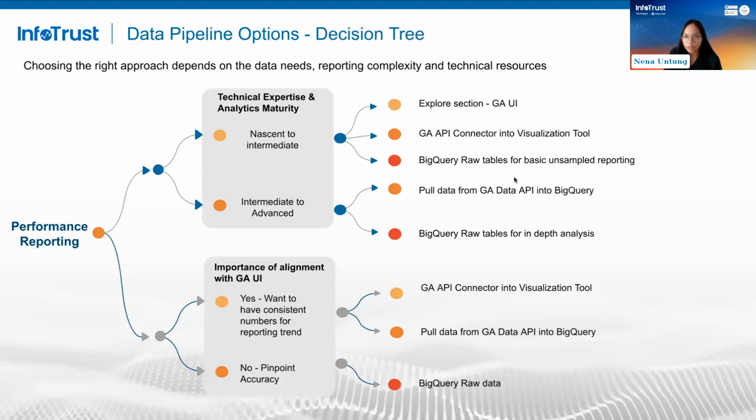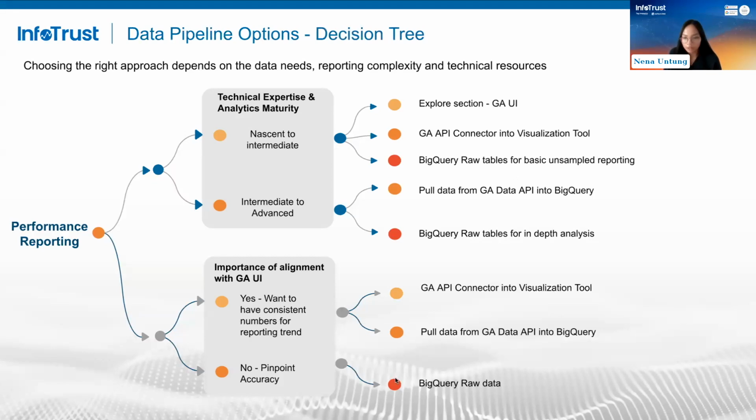This does require some degree of technical expertise, as it requires you to build a Node or a Python script to develop this pipeline or automate this data transfer. The other option is, of course, to start using the data from the BigQuery raw tables for more in-depth analysis.